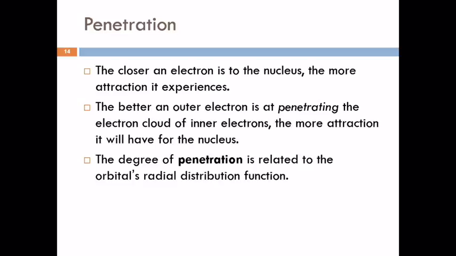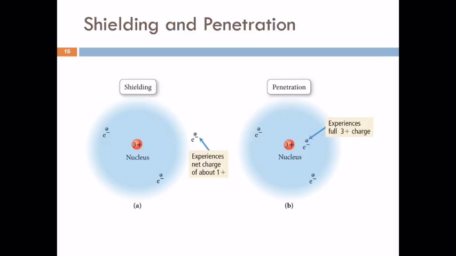The amount of penetration, and by that we mean these larger orbitals having regions that are close to the nucleus, where they penetrate into those inner electron clouds and allow that outer electron to get closer, is related to the orbital's radial distribution function, and we'll look at a picture of that as well. So let's look at lithium.